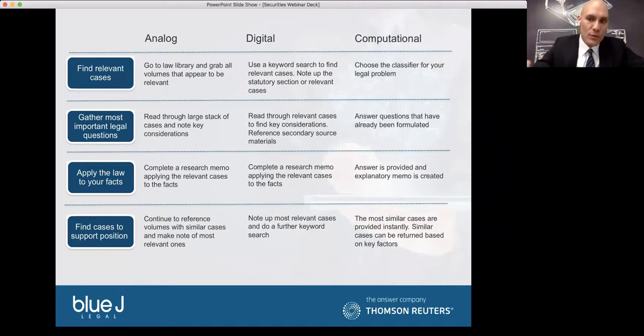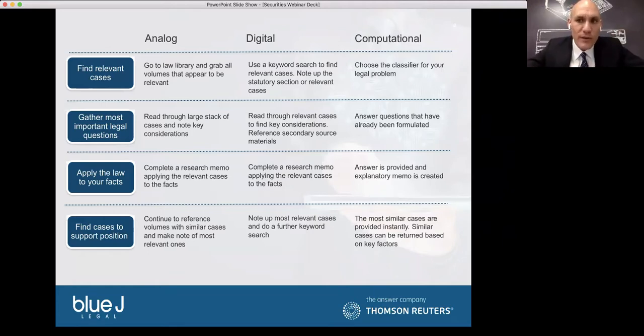In the computational world, the thing is different. The skill set is really about issue identification. You have to identify the issue, then you go into the system, and the system starts eliciting the information necessary from you in order to provide a good prediction about how the situation is going to turn out. So it turns it around.